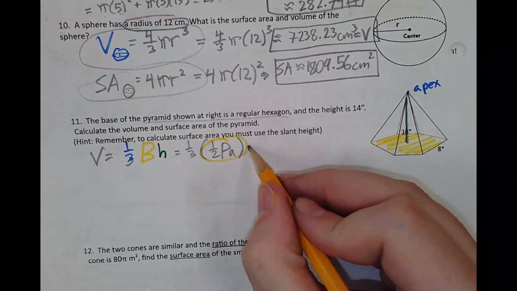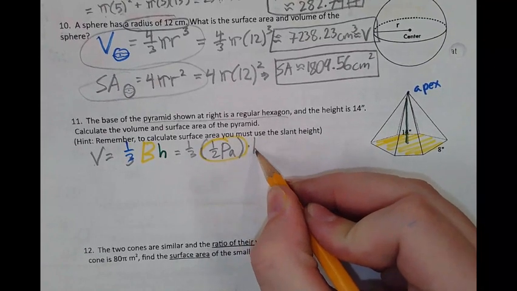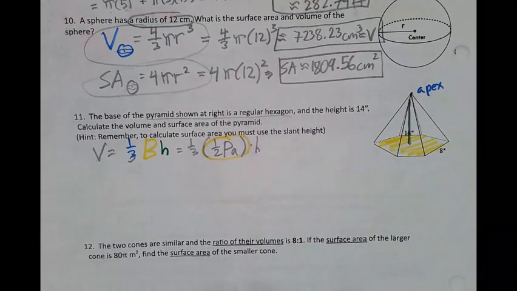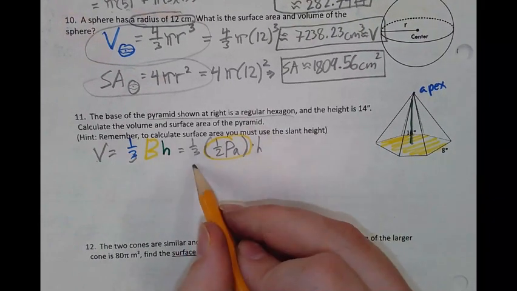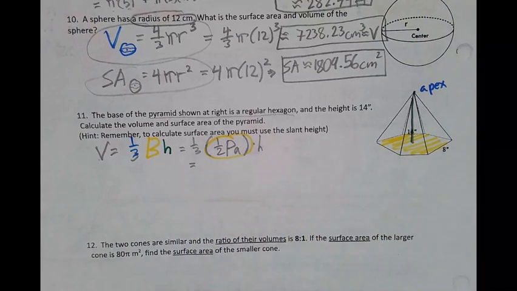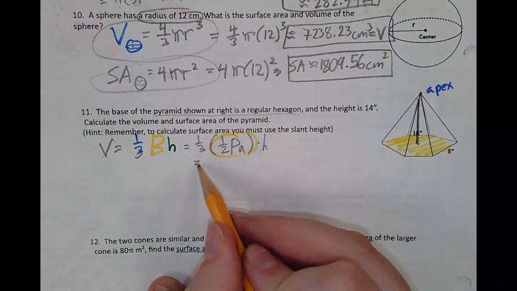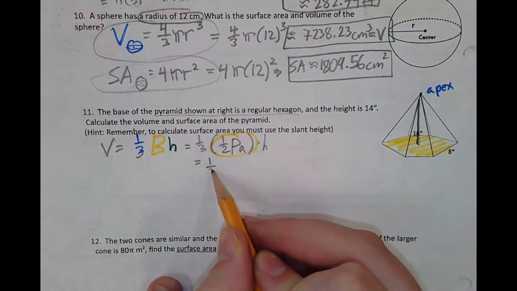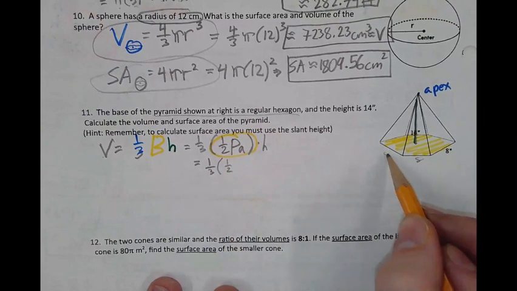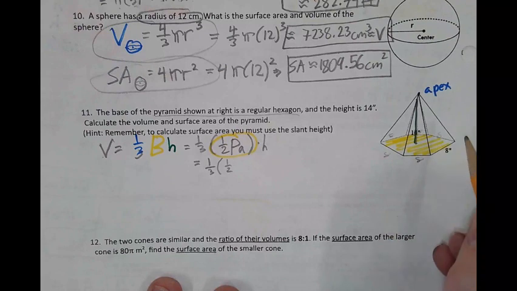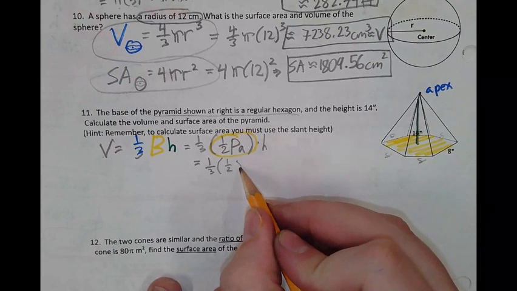And then times the height, which we know is 14. So let's calculate these things. One-third times a half times the perimeter. The perimeter happens to be 8 times 6, which is 48.